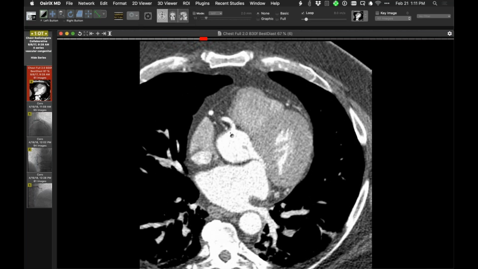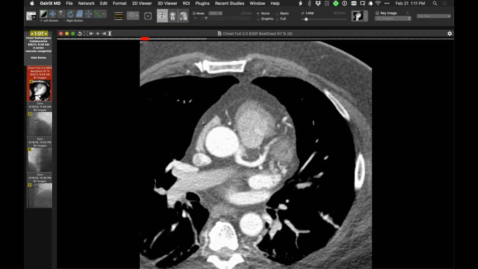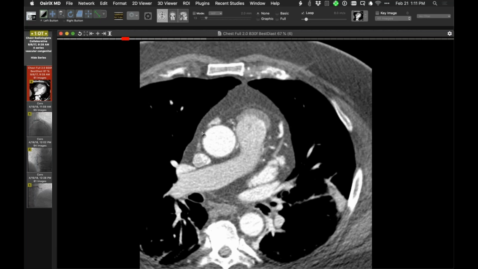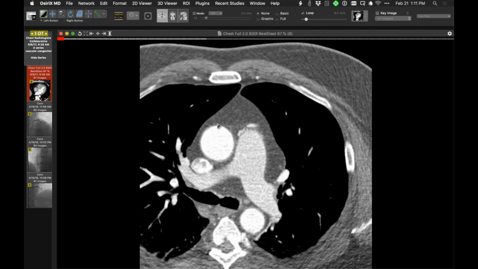So we have RCA, and we have RCA there. And then when we go up, there's left, you'll see there's some funny vessels here that go in that direction, anterior to main pulmonary artery. Same thing there. And just about here, there's a little bit of contrast getting into the main pulmonary artery right there.